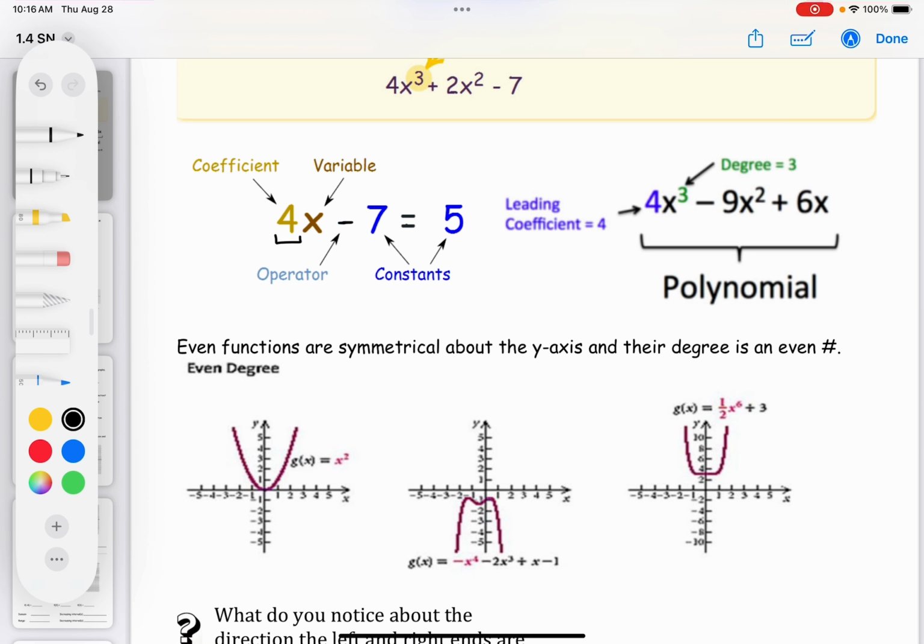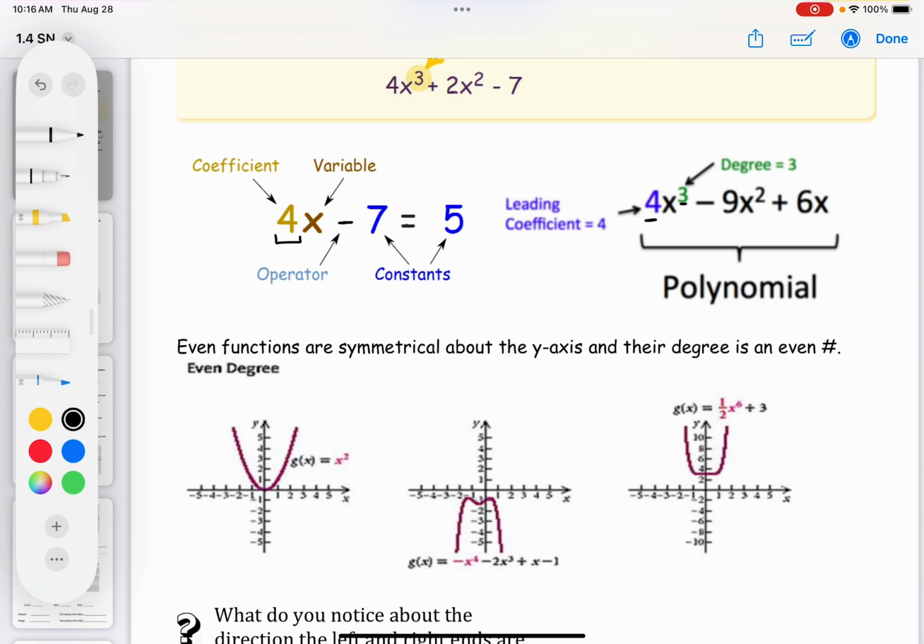An operator is the sign telling us what we do. And constants are numbers that don't have any variables attached. In this polynomial, we have a leading coefficient of 4 and a degree of 3.